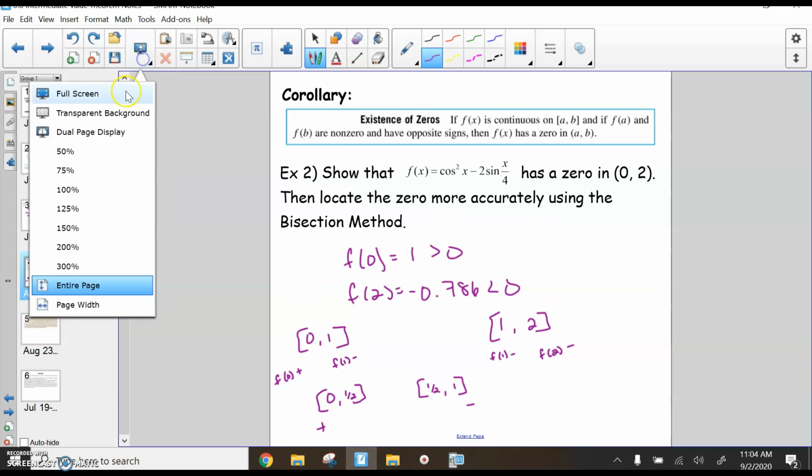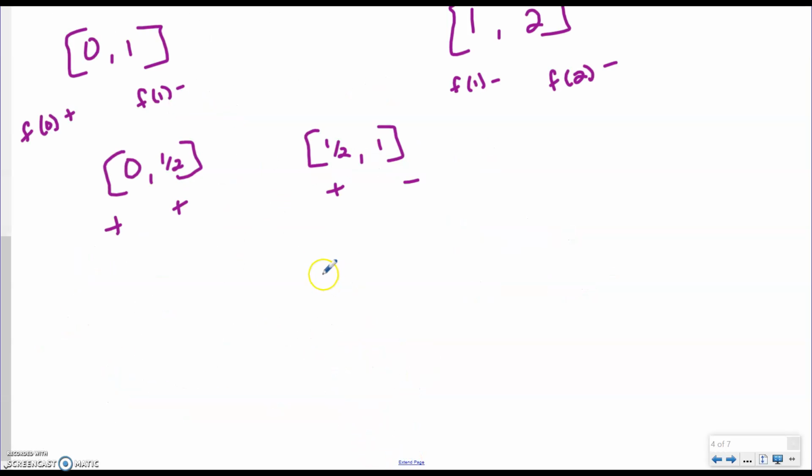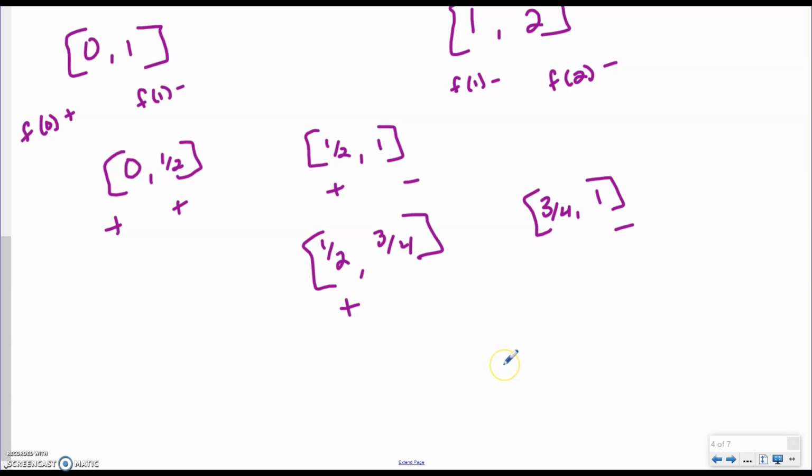Let's go back here. When I plug this in, this was positive and this was positive. Therefore, we need to split this one in half. So we're going to go from 1/2 to 3/4, and from 3/4 to 1, so negative, positive. Let's plug in 3/4.